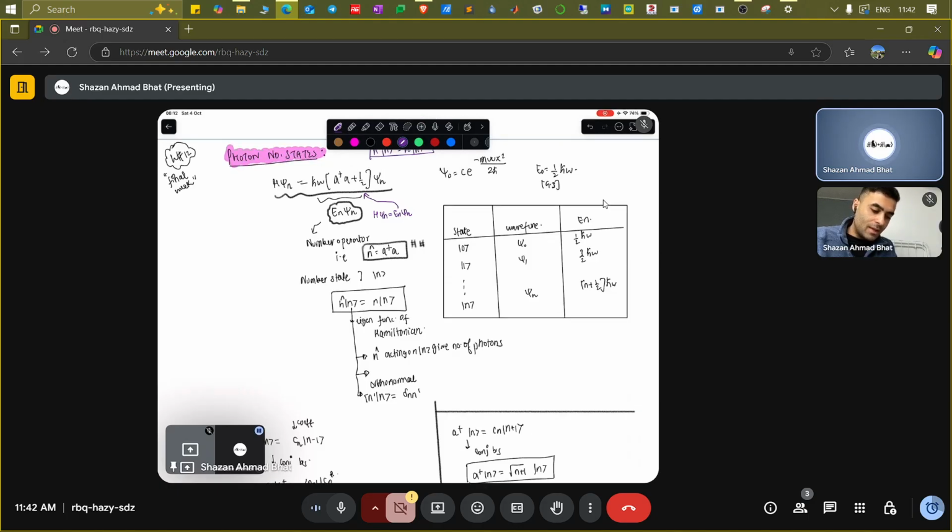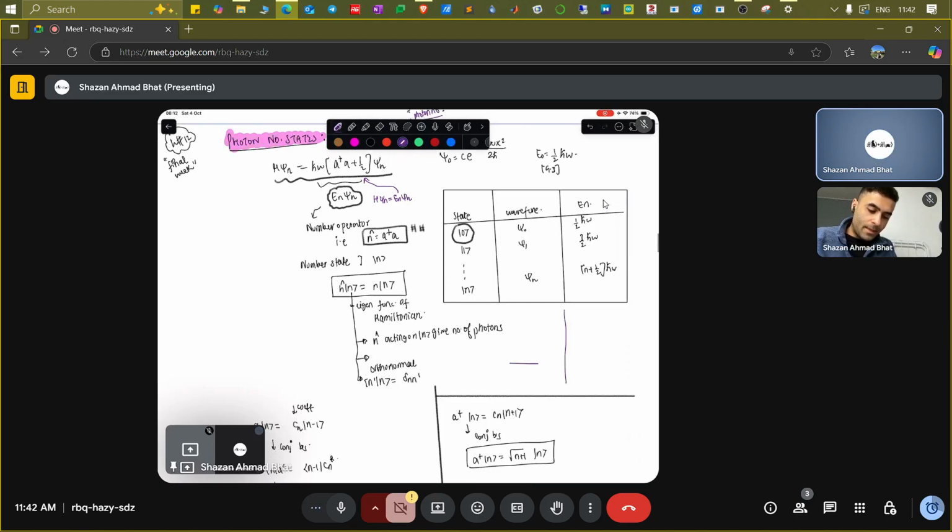Let's say you have a state 0 initially. What does state 0 mean in terms of a quantum harmonic oscillator? So let's say you have equal energy spacing. The spacing is h bar omega. This is E0, E1, E2.